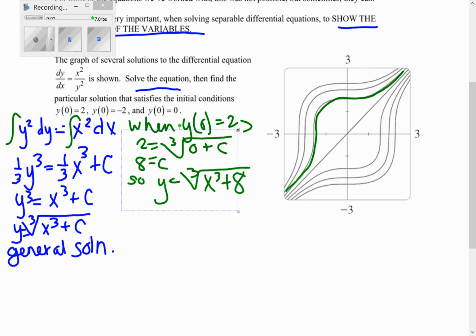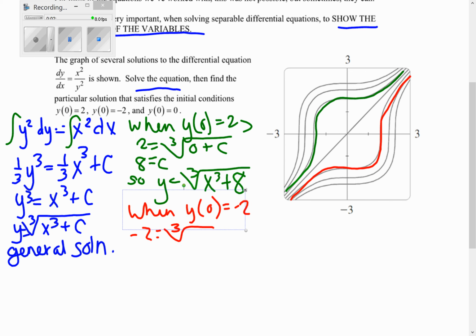That is the equation of the green line that I drew, and you can graph it on your calculator and see if it looks like that. It should. The next one, let's say when y of 0 equals -2. We're talking about probably this line. We have -2 equals the cube root of c, so -8 equals c.